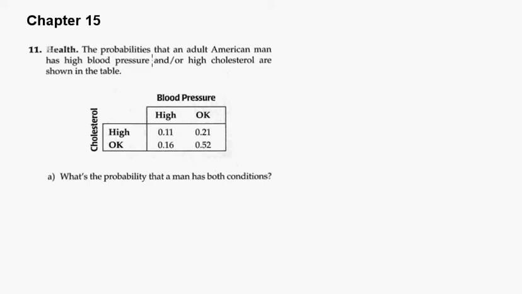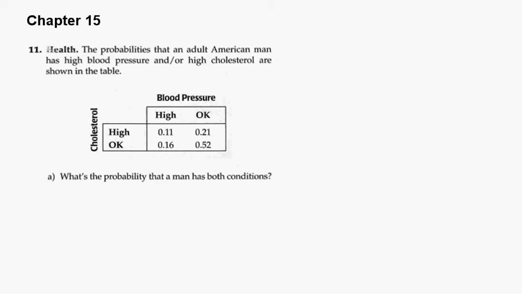If we were randomly selecting from this population of American men and asked whether they have high or just okay cholesterol, here are the distributions. And if we ask what their blood pressure is, it's either high or okay.